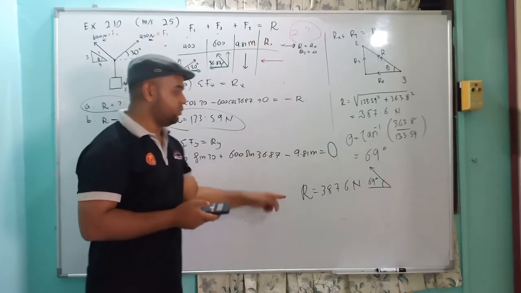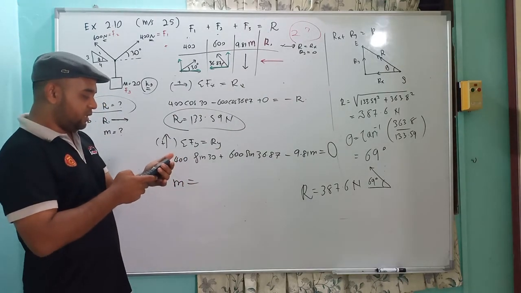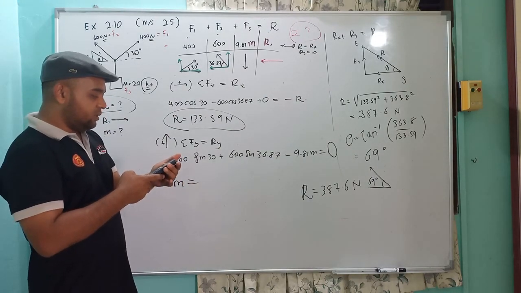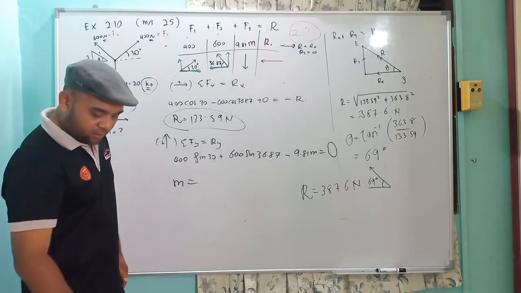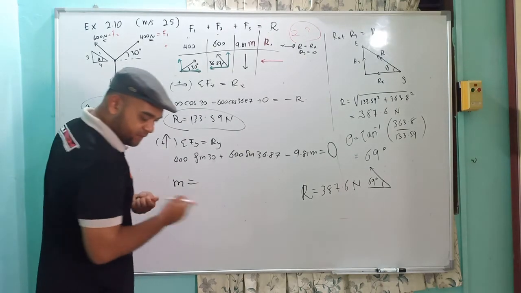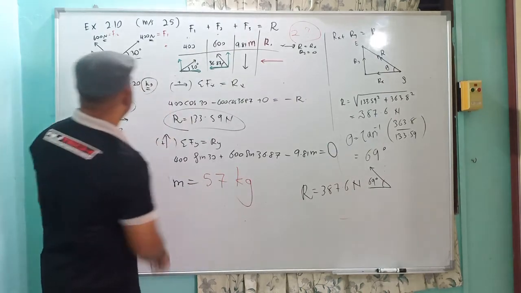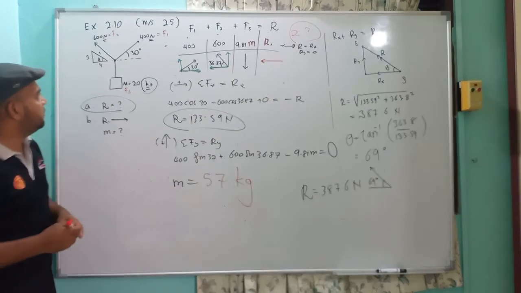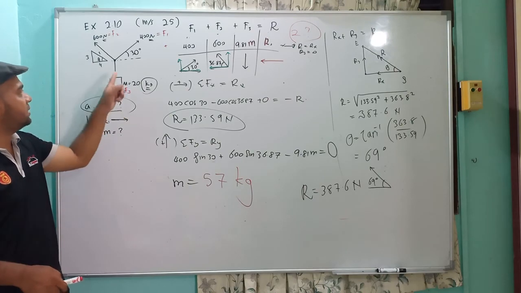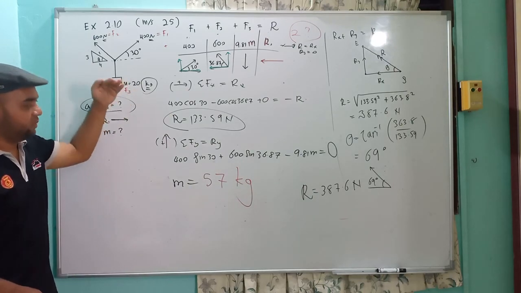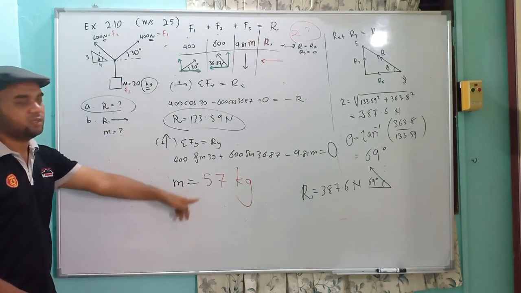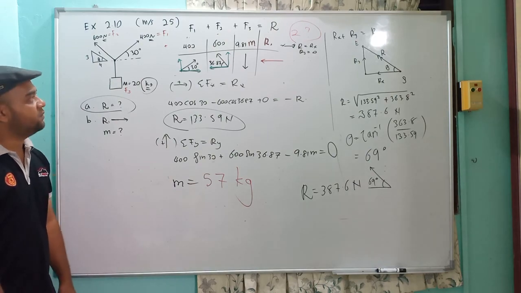If you put this direction, it will be positive. So everything divided by 9.81. So you have mass of 57 kilo. Okay, if you have the mass of 57 kilo, the resultant force will be horizontal. Okay, that's it for the first example.